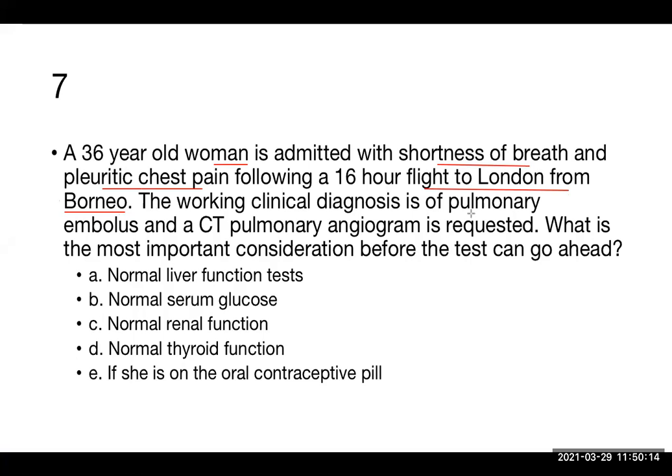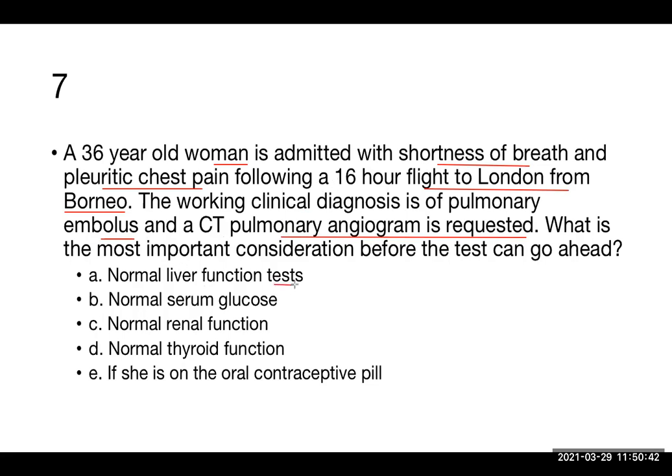The working clinical diagnosis is a pulmonary embolus and a CT pulmonary angiogram is requested. What is the most important consideration before the test can go ahead? So a CT pulmonary angiogram is planned, right? We have to give certain dye to do this test. Which is the most important consideration before the test can go ahead in that lady?